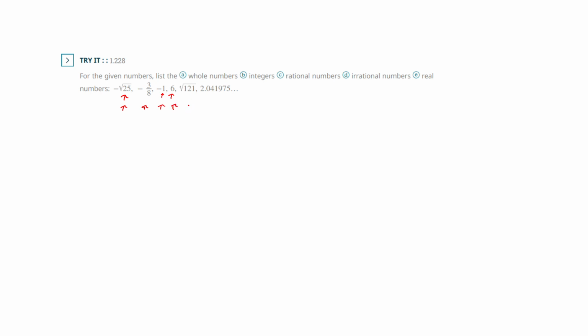This is 11, so he could be a fraction. This is the only one that would not be able to be turned into a fraction. So if he can't be turned into a fraction, he's an irrational number. All the rest of the square roots can be done, so that's the only irrational number. And then they're all real numbers as long as you don't have a negative under the square root, and none of those do. So they're all real numbers.